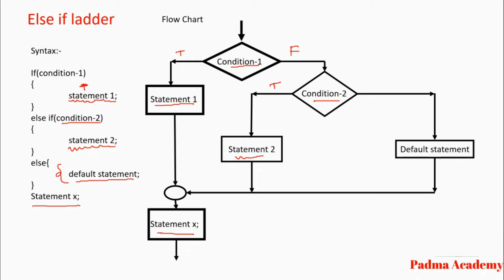If it is true, then statement 2 will be executed, then statement X. If condition 2 is again false, then the default statement, this else part over here, will be executed. Then after execution of the default statement, statement X will be executed.